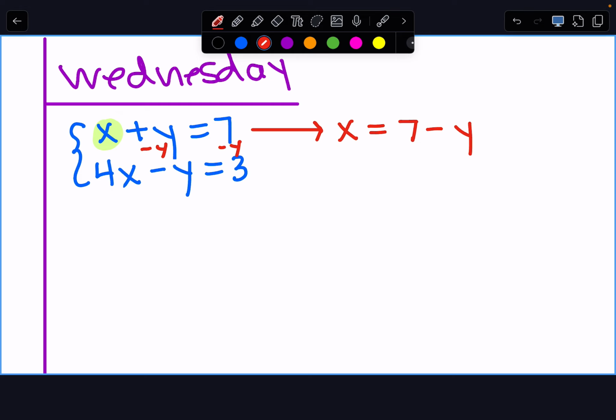Okay. Well, if I have x equals 7 minus y, then I can come down here and I can say, okay, well, 4x minus y equals 3. But instead of x, we can substitute 7 minus y.